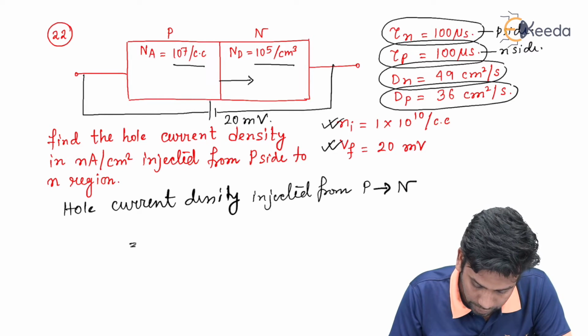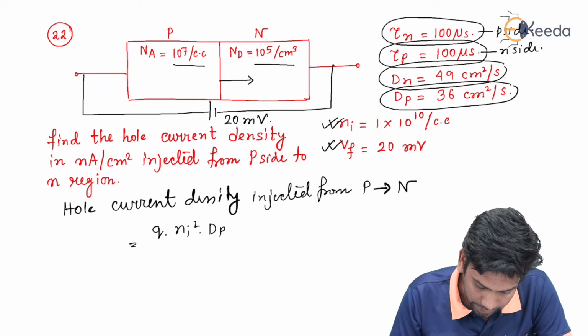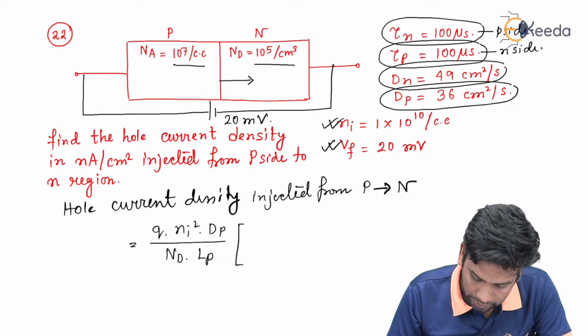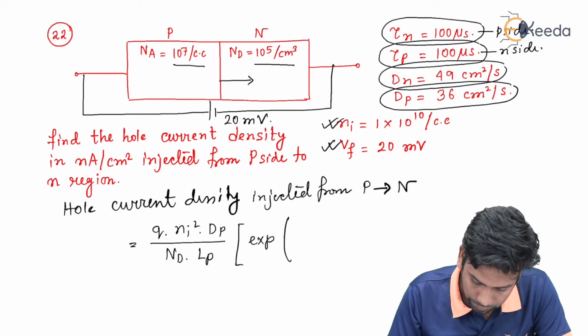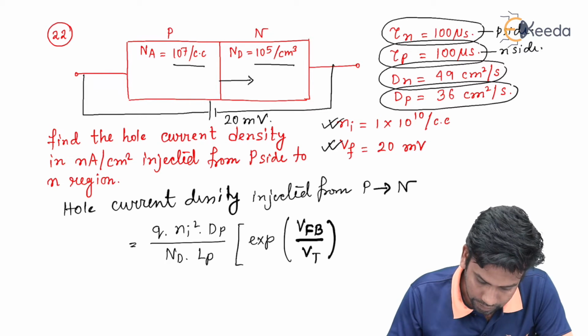So, it will be q into Ni square into Dp divided by Nd into Lp and into exponential Vfb divided by Vt minus 1.